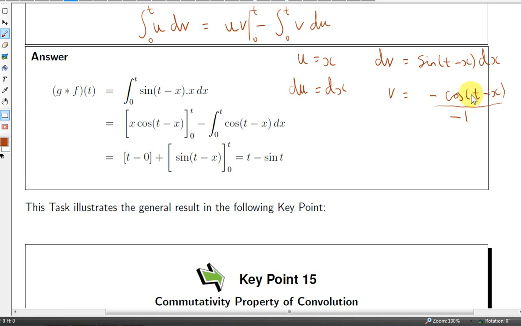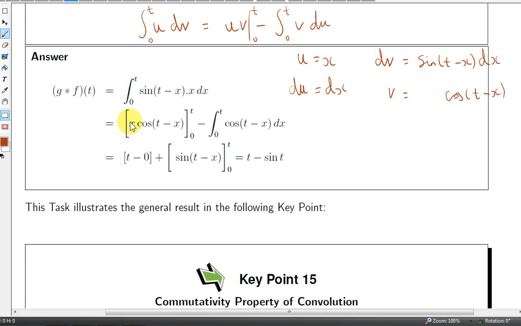The reason why we divide is, well, if we were to differentiate this, we would apply the chain rule. The derivative of cos is minus sine, and we do minus sine of t minus x. And then we'd have to multiply by the derivative of the angle, multiply by minus 1, because t is treated as a constant here. Anyway, we're going to end up with cos of t minus x.